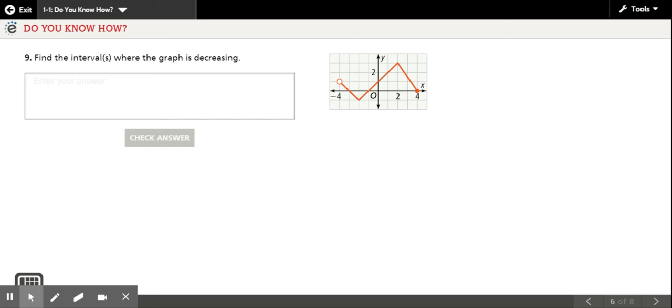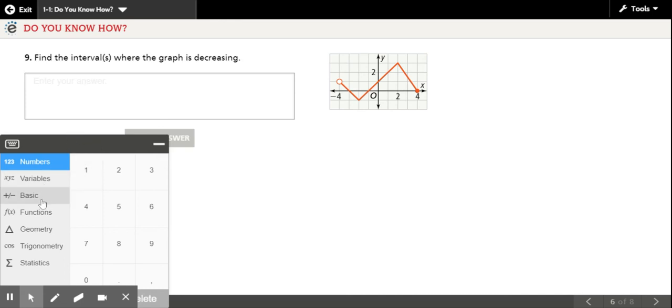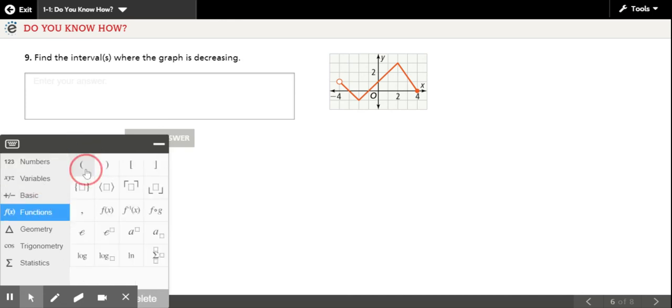Again, both those were going to be parentheses because the little vertex points there, it's neither increasing or decreasing, so you can't include it. All right. So again, the first one is -4, -2.